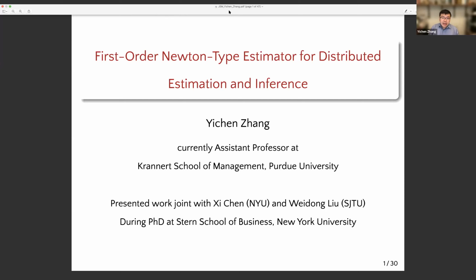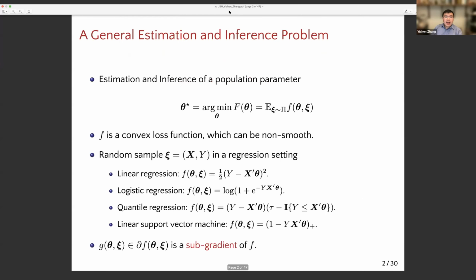The presented work is joint with my PhD advisor, Xi Chen, and also Professor Weidong Liu from Shanghai Jiao Tong University. The work was done during my PhD at Stern School of Business, New York University. Without further delay, let's start the presentation now.